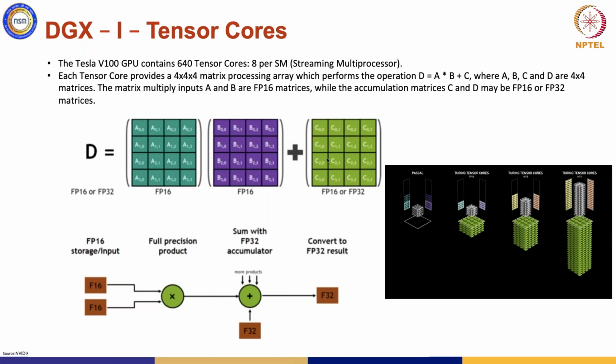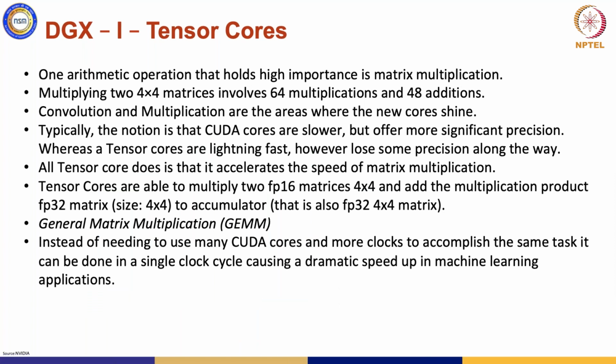This is a generic representation, and you can work with any type of values, FP16 or FP32, and you can get the result in various formats. So now, why is a tensor core very, very important?